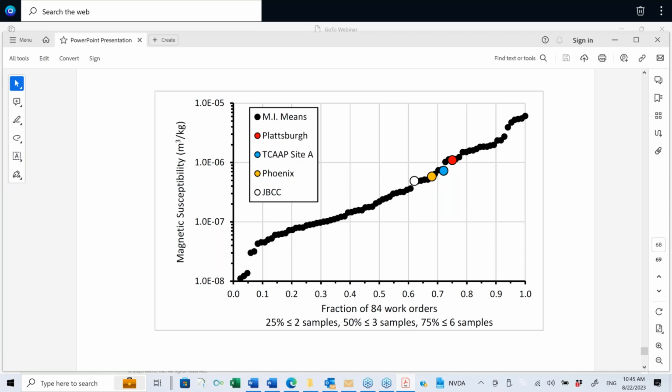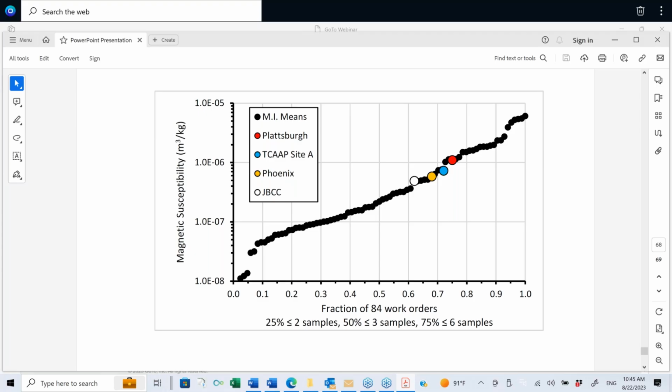So where do our 4 study sites compare to all of the samples that you guys have sent Microbial Insights for analysis? And there it is. They're not exceptionally high in terms of magnetic susceptibility. Obviously, they're more than average, at least in the upper third or so.